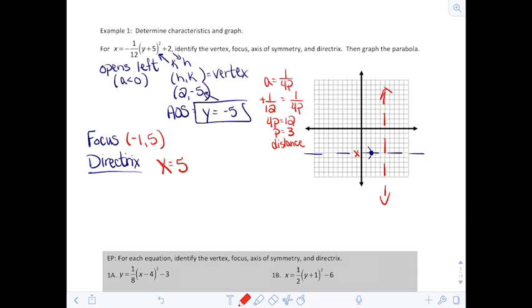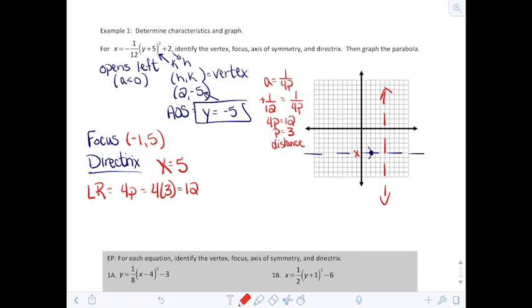Now, if I want to graph the parabola, I need the distance across through the focus, so the LR, which is 4 times p. I know p is 3, so 4 times 3 is 12. If I cut that in half, that's 6.